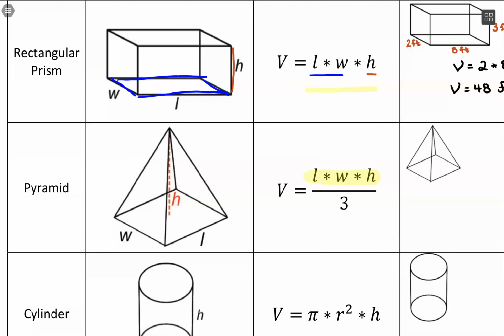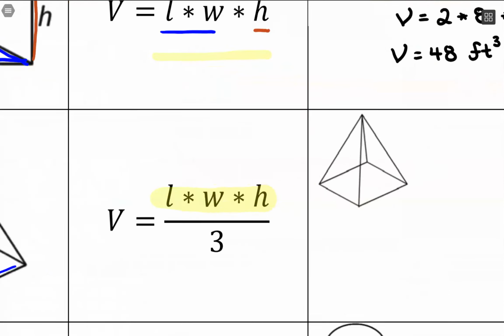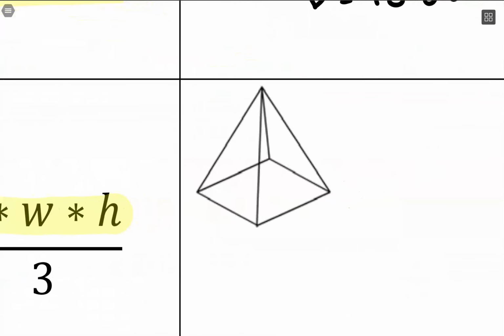But let's look at an example here. So we'll have length times width for the base of our pyramid, and then we'll have to think about this perpendicular that drops from the vertex to the middle of the base. So it is making a 90-degree angle there. So that's a piece that we'll need to understand. So let's say we have this pyramid here. Let's make this 2 meters, 3 meters.